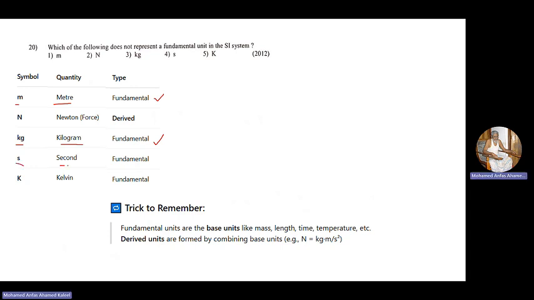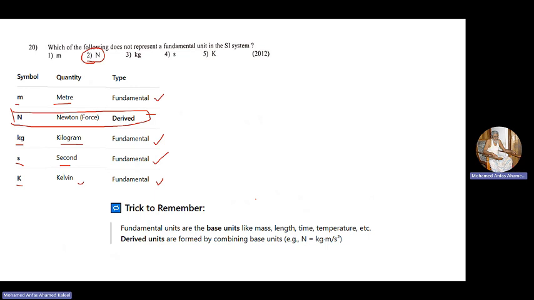S is second, also used as a fundamental unit. Capital K is Kelvin, also a fundamental unit. So the Newton is the only derived SI unit. So the Newton is the answer. Option number 2 is the correct answer.